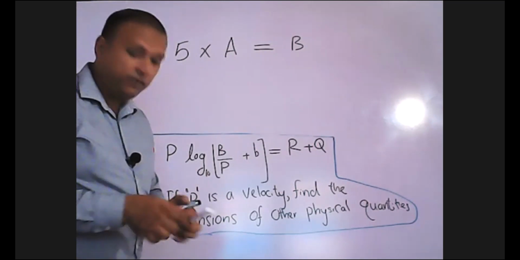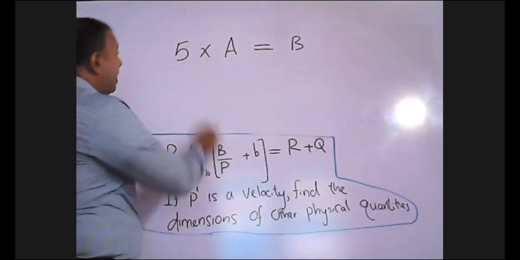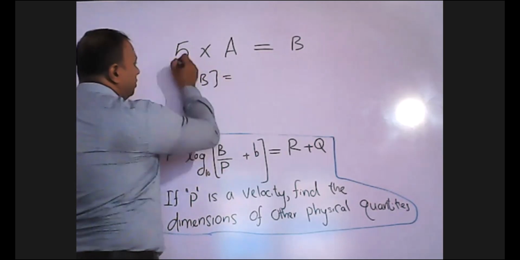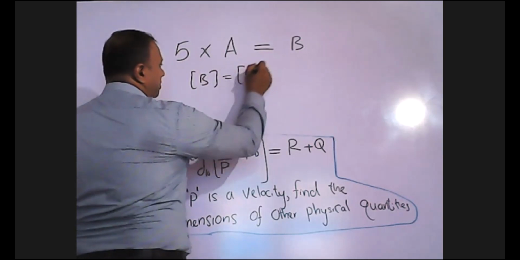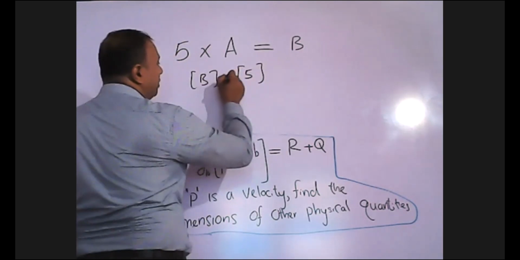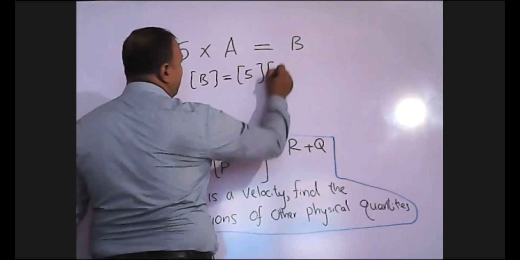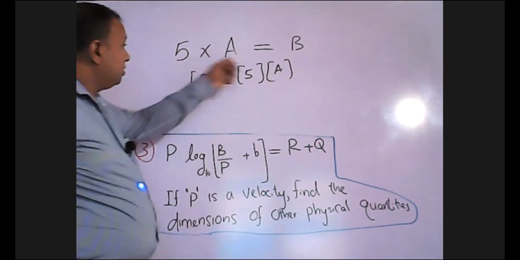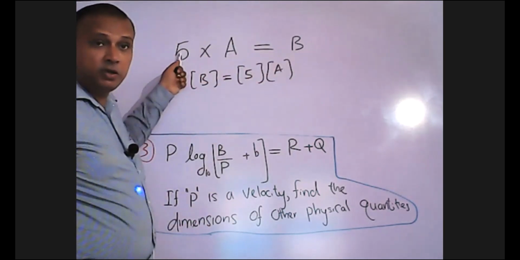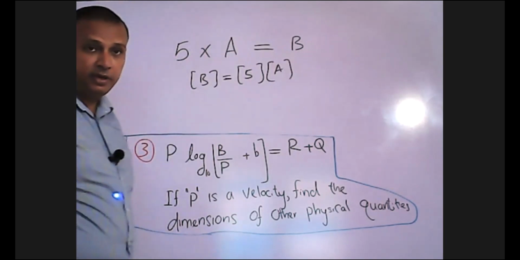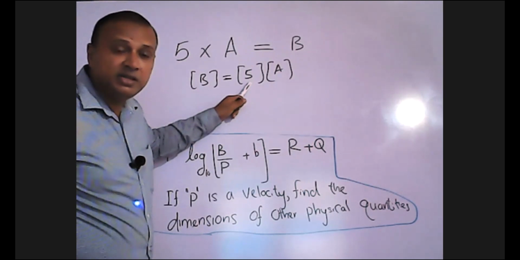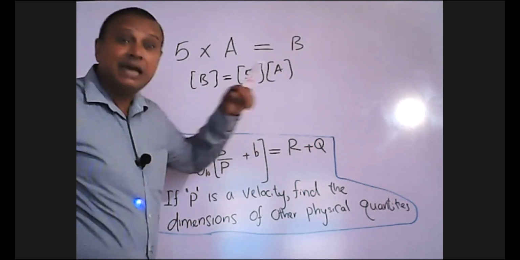So how to find the dimension of B? Dimension of B should be equal to dimension of 5 and dimension of A. What is the dimension of 5? It is a number, no?